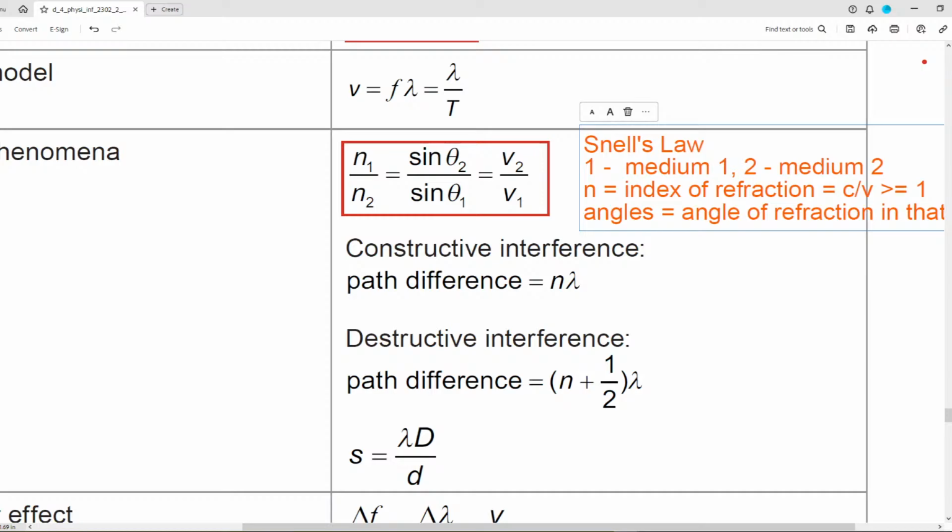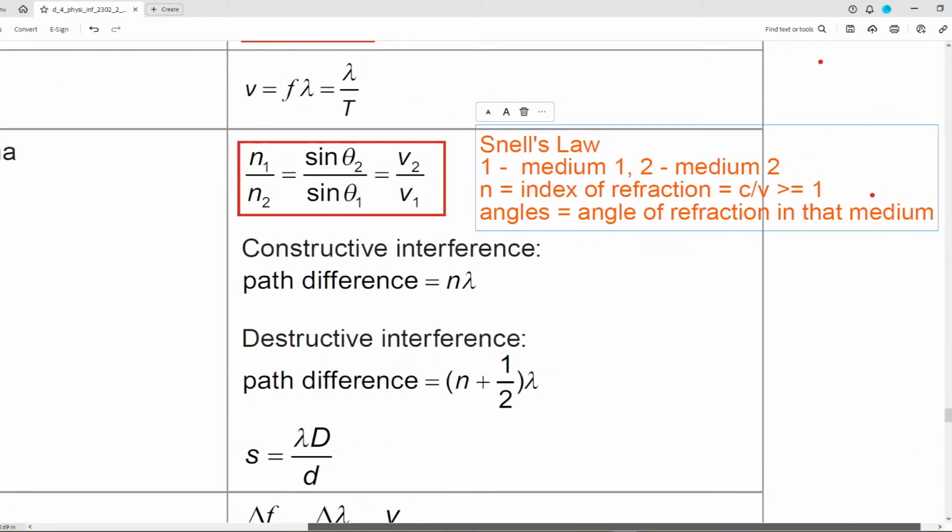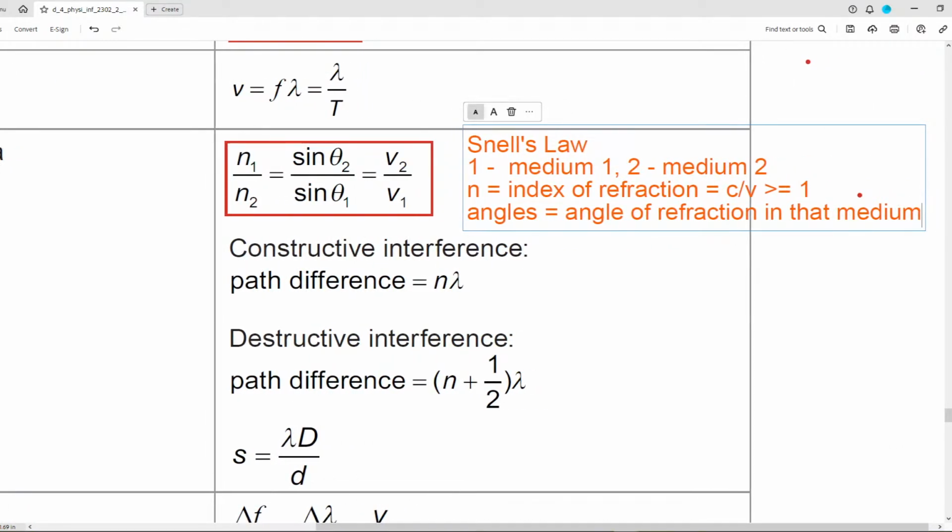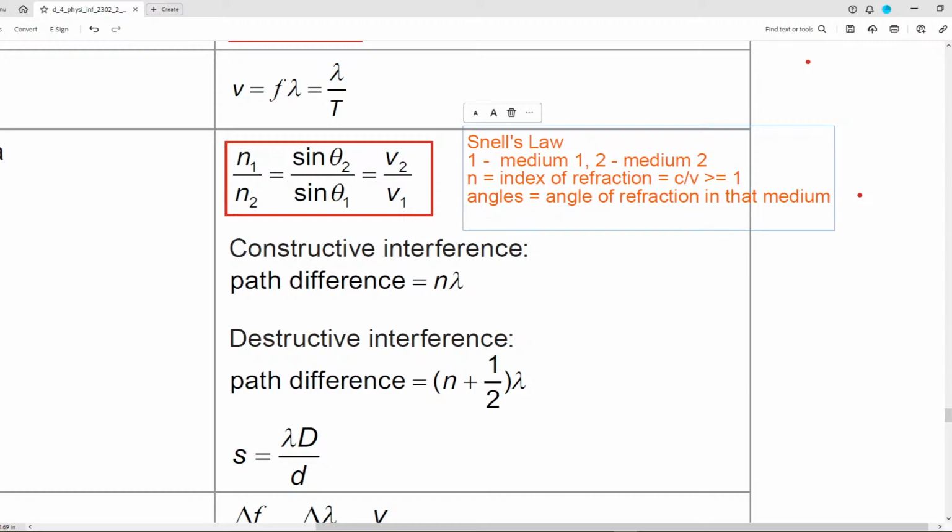You can go through 1 to 2, or 2 to 1, or 1 and then travel to something else, then to 2. You can do all kinds of crazy things, but the angle will always remain the same as long as it is the same medium. And v, of course, is the speed of light in the medium.